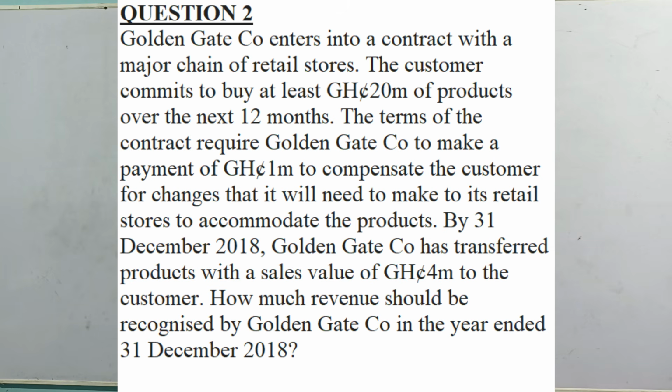The terms of the contract require Golden Gate Company to make a payment of 1 million Ghana cedis to compensate the customer for changes that it will need to make to its retail stores to accommodate the product. By 31st December 2018, Golden Gate Company has transferred products with a sales value of 4 million to the customer. How much revenue should be recognized by Golden Gate Company in the year ended 31st December 2018?